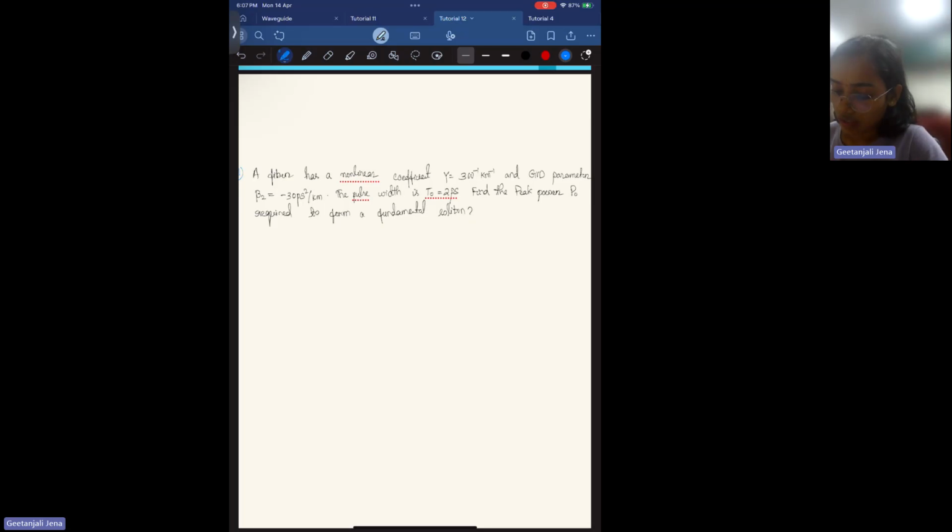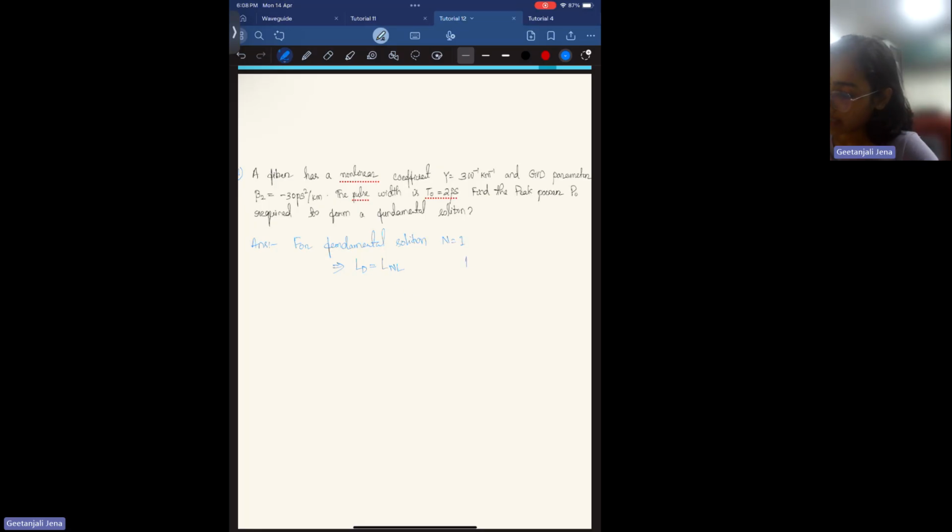For a fundamental soliton, the condition is N should be equal to 1, so LD should be equal to LNL, because N is the ratio of LD to LNL.